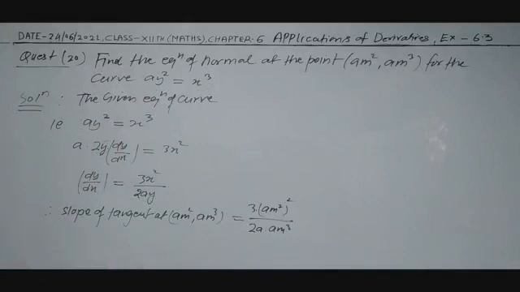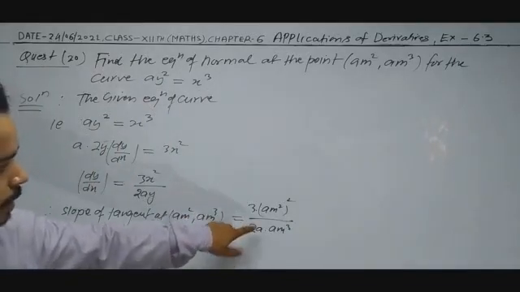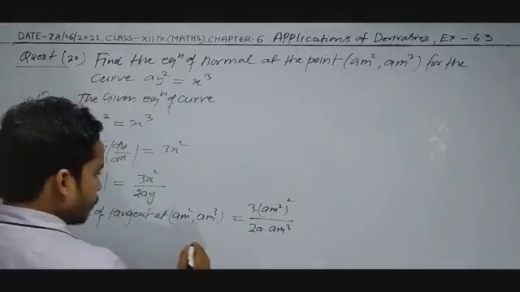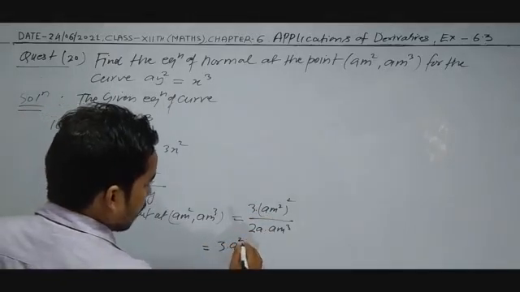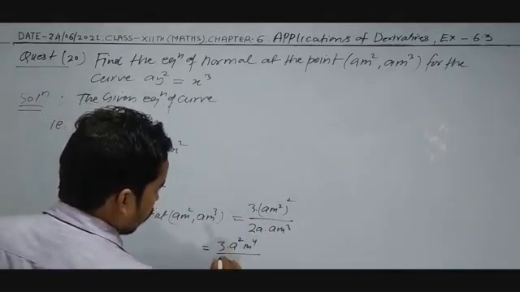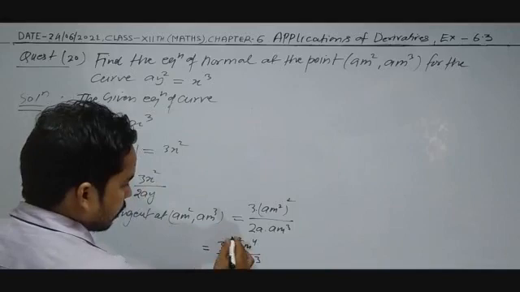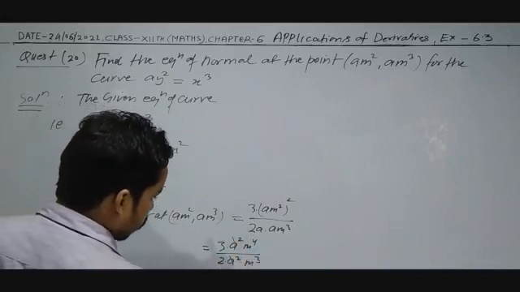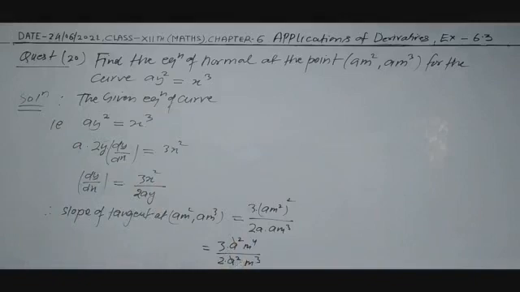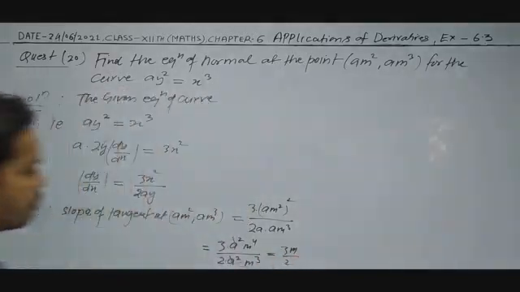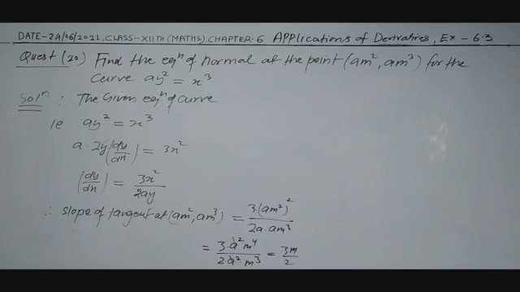The a square term will cancel out, and 3 by 2 is here, so m to the power 4 whole upon m cube. So the result is 3a square m to the power 4 whole upon 2 times a square m cube, and m cube term will cancel out, so the result will be 3m by 2. 3m by 2 is the slope of tangent at this point (am square, am cube).